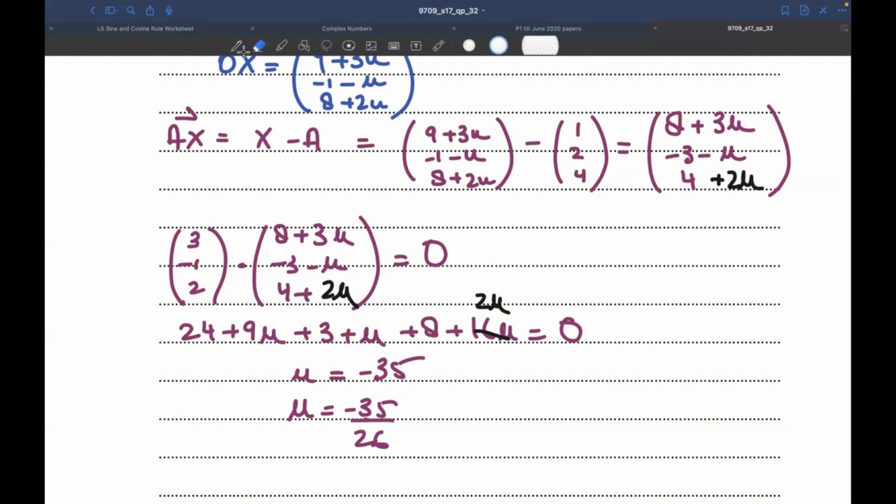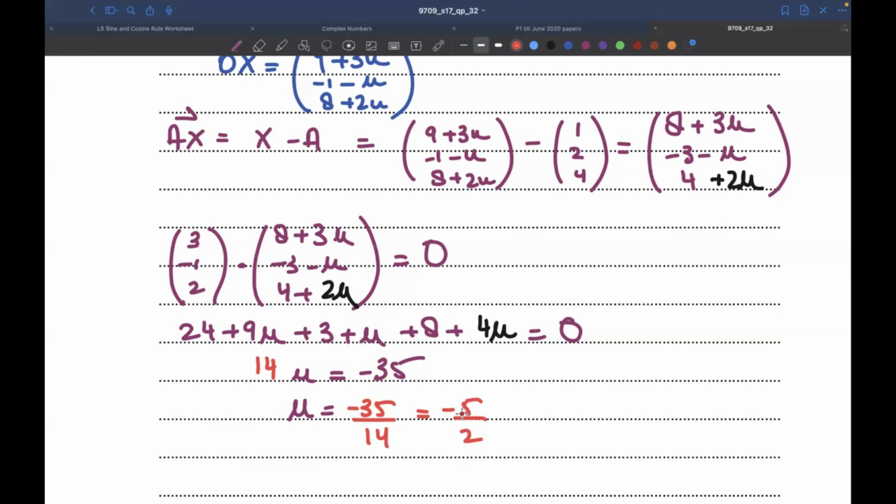So 9 plus 1, 10, 10 plus 4, that will become 14. And then 35 divided by 14, so this is minus 35 upon 14, that is equal to minus 5 upon 2.